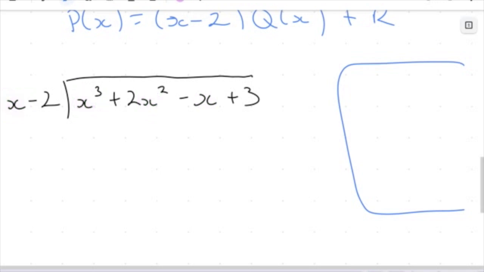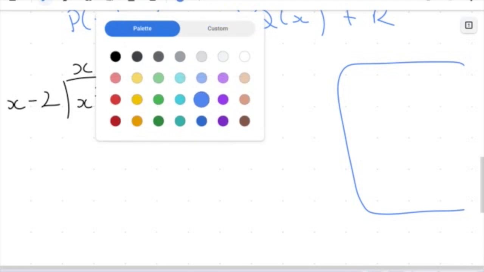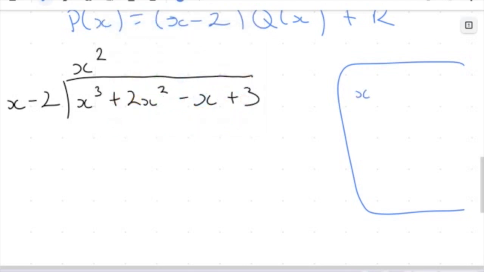For this first one, dividing x cubed by x minus 2, we notice the x goes into it x squared times. We can double check that, because x cubed divided by x goes into it x squared times. So our first term is going to be x squared.